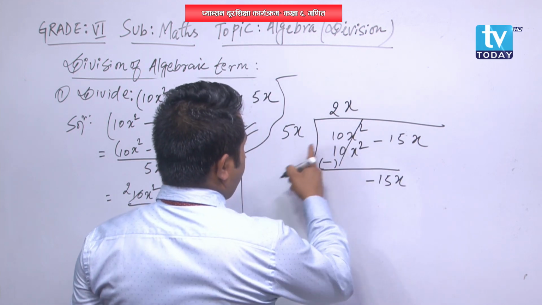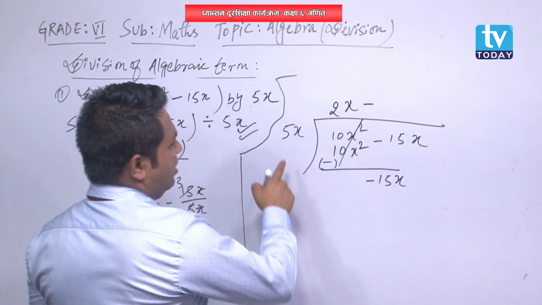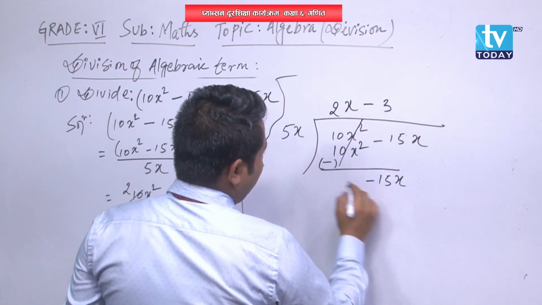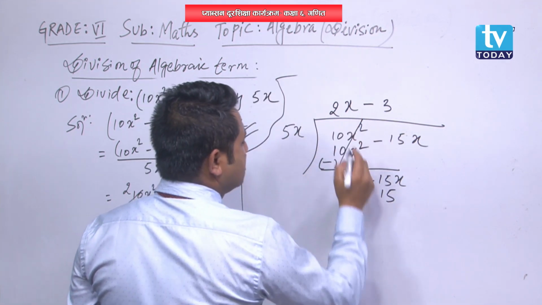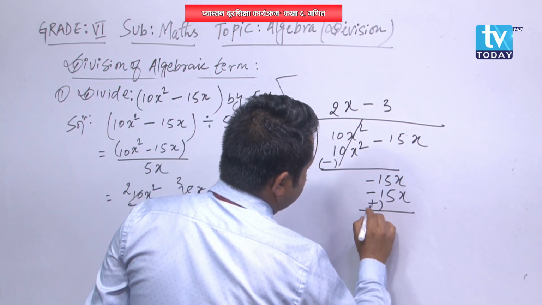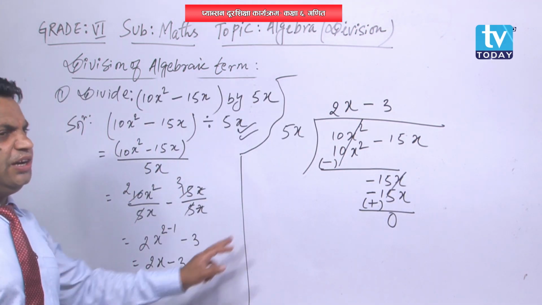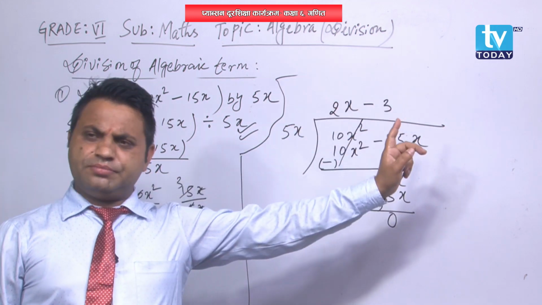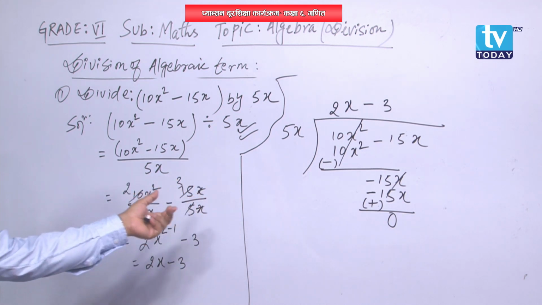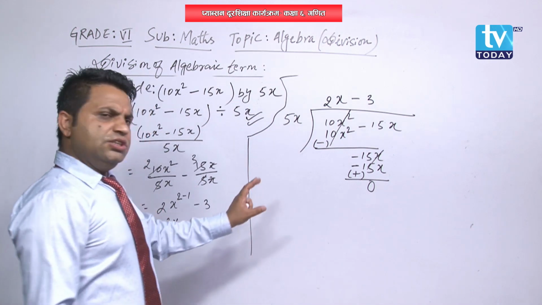Then 5, again please check, there is 3, there is a minus also, so minus 5 3s are 15, plus into minus, minus. There is already x, so x, then remainder 0. So the quotient you will get is 2x minus 3. All right, you can follow this method also. I taught the same question by 3 processes. Okay, is that clear? Understood this?